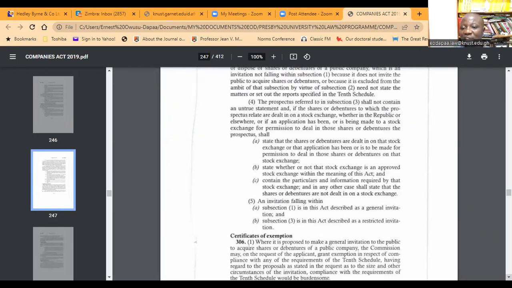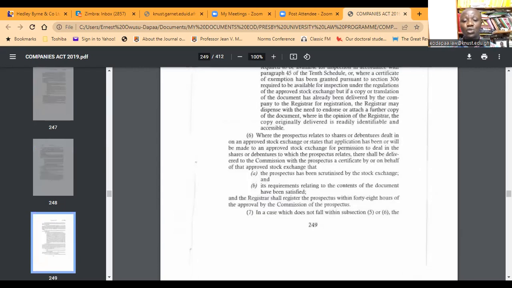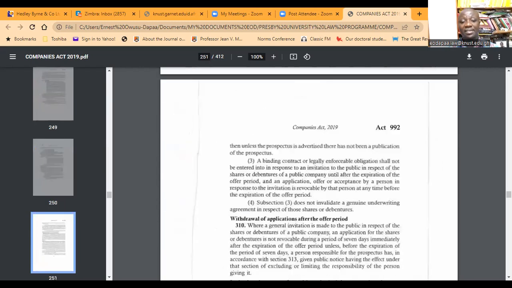And if the shares or debentures to which the prospectus relates are dealt in on a stock exchange, whether in the Republic or elsewhere, it will go on and tell you that if it contains a false statement, then that is a serious wrong, which will attract severe sanctions.